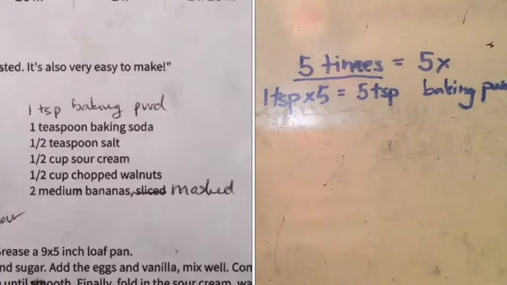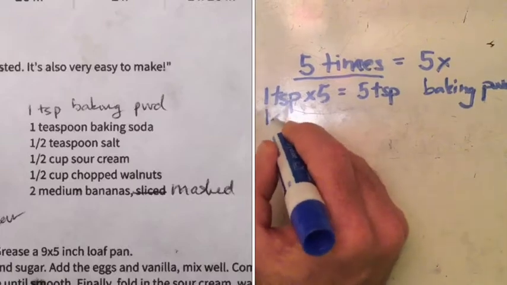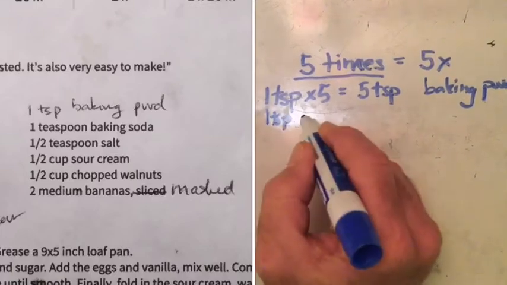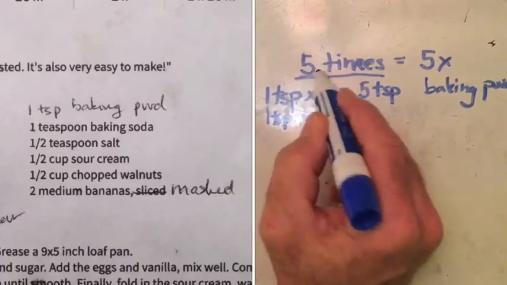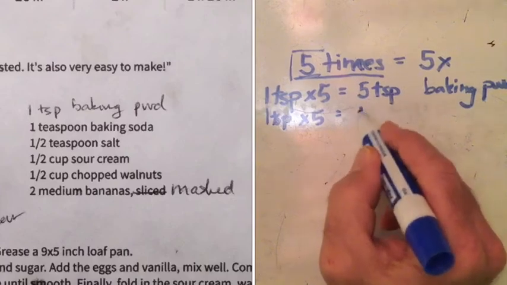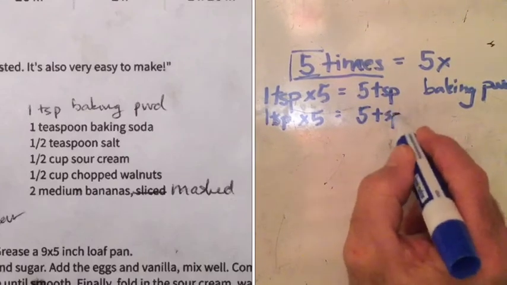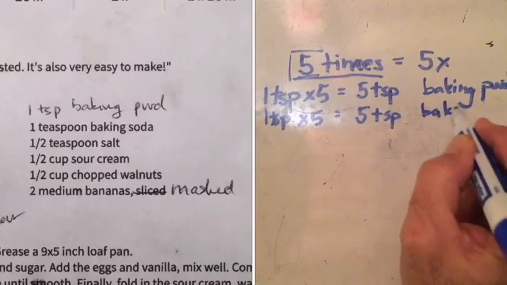Then we're going to the 1 teaspoon of baking soda. Pretty easy also here. 1 teaspoon of baking soda multiplied by 5, because again it is what we are multiplying, and that's going to be 5 teaspoons of baking soda.